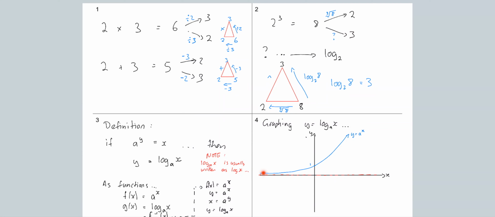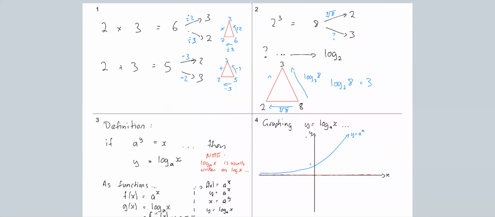Okay, every value here is unique. Every y value for every x value is unique. In this instance, every single x value is accounted for, and every single y value, as long as y is greater than 0, is also accounted for.